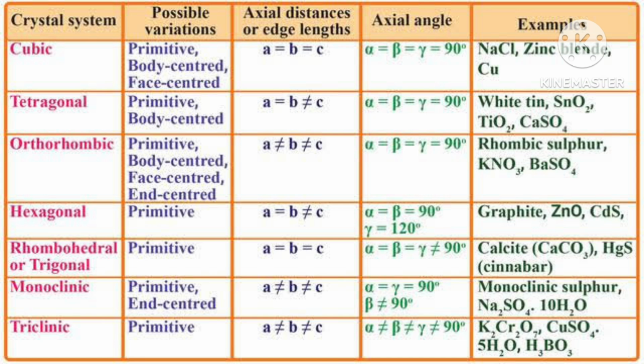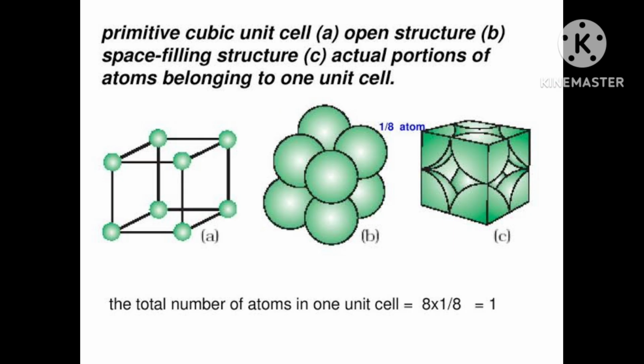Then the primitive cubic unit cell has atoms only at its corners. Each atom at a corner is shared between 8 adjacent unit cells. Correct?